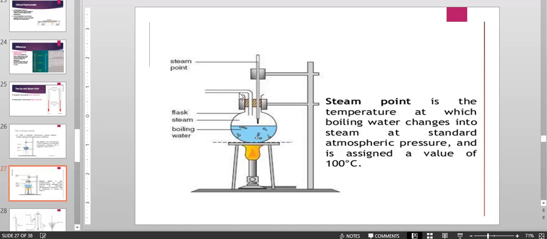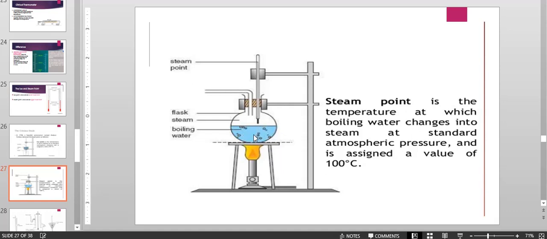So here he gives an outlet for the steam when the water is boiled, and to find out the temperature at which the water will convert into steam, he places a thermometer vertically.